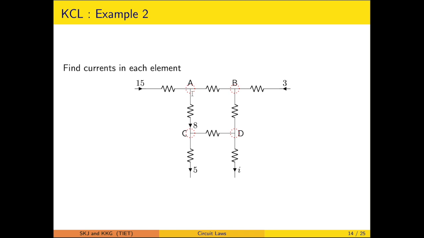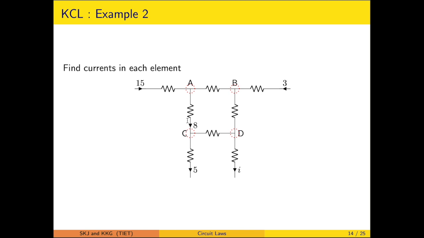Corresponding to junction A, we will write the KCL equation. This is the incoming current, this is the outward current. So the net outward current IAB will be equal to 15 minus 8, which is 7 ampere.